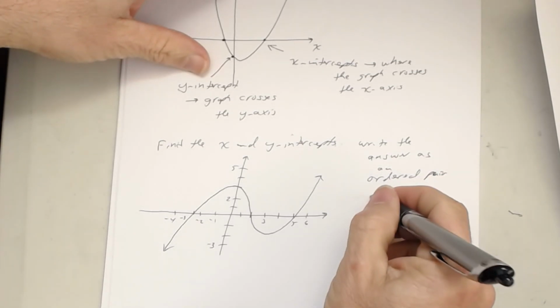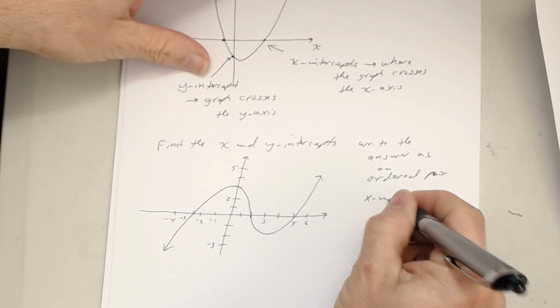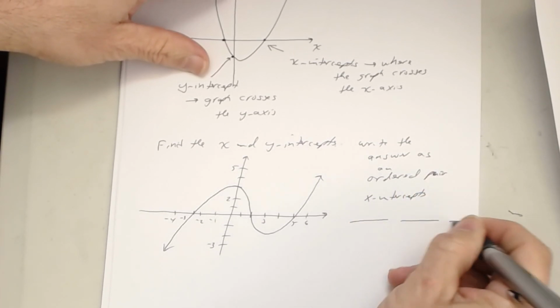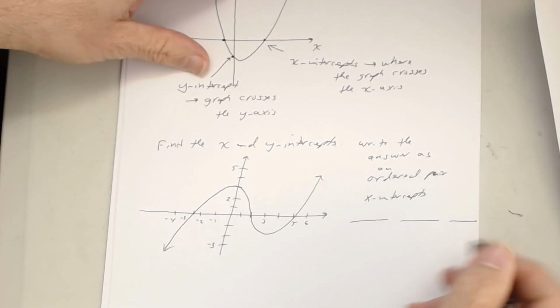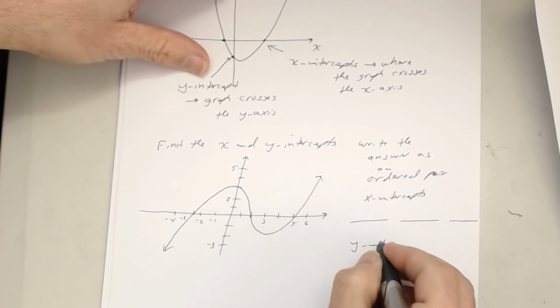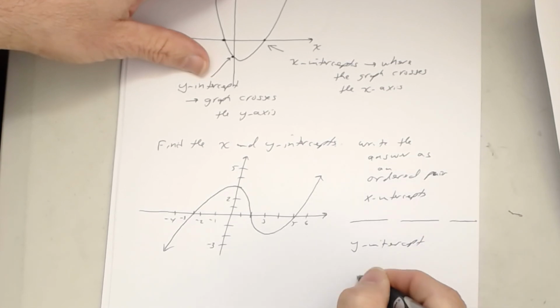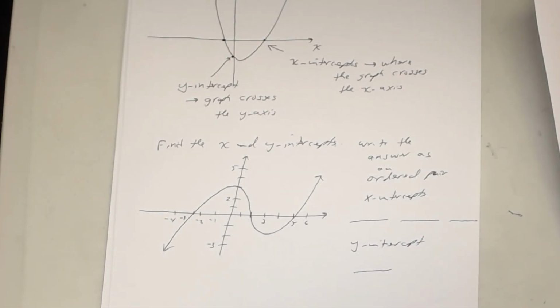It's going to say X-intercepts, and then Y-intercepts. And I use the plural, but there's only one, the Y-intercept, when the answer is written as an ordered pair. So an ordered pair means you have to have an X and a Y.